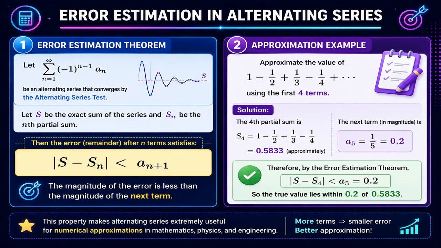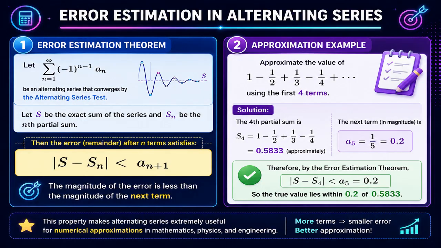Let us look at the approximation example on the right side of the slide. Suppose we want to approximate the value of the alternating harmonic series using just the first four terms. Our fourth partial sum, S4, gives us approximately 0.5833.